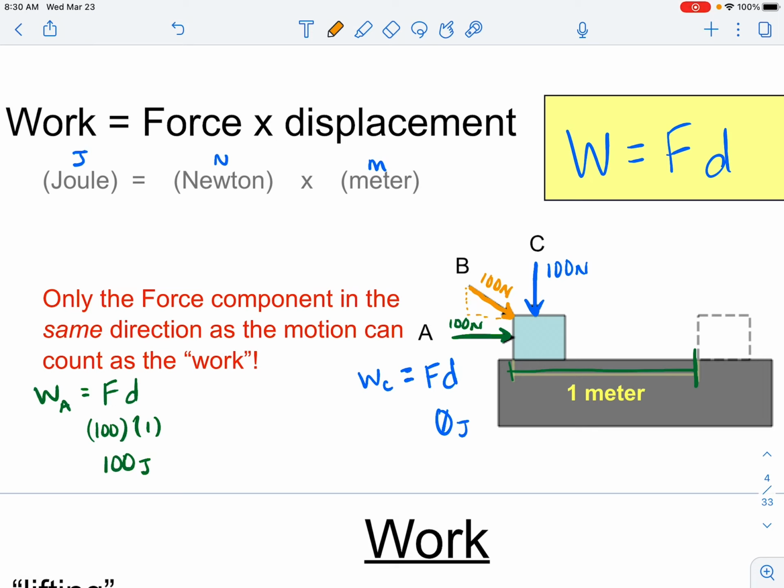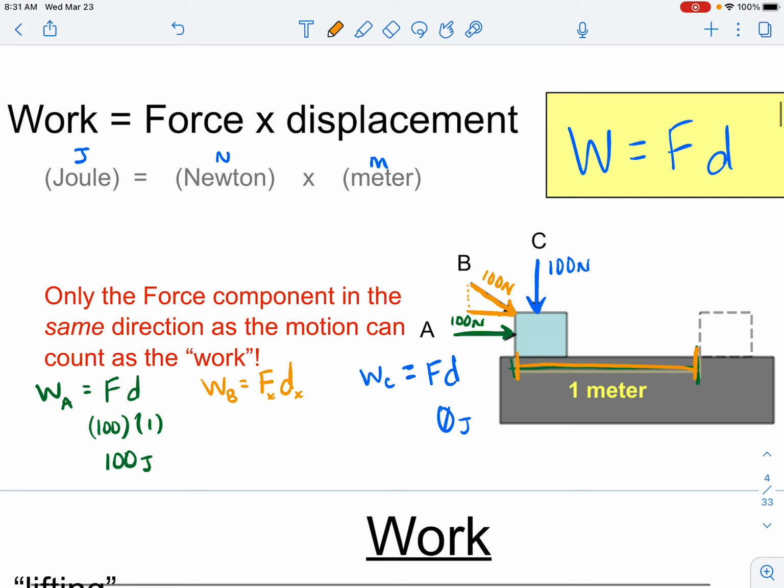So if we are just focusing on this horizontal displacement of 1 meter, then we could only use the horizontal component of that 100 newtons. So when we calculate how much work is being performed by vector B, it's the force along the horizontal axis and then that displacement also on the horizontal axis.